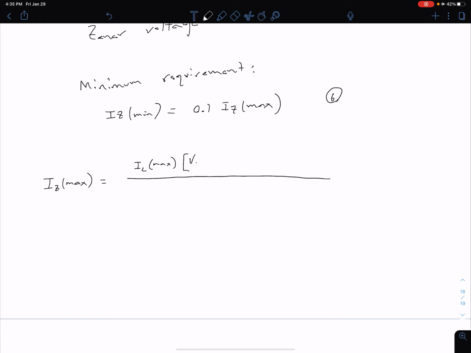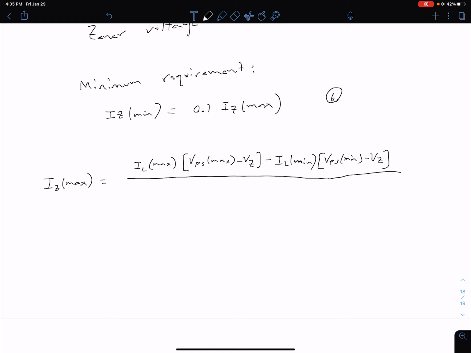times the quantity of VPS max minus VZ, minus IL min times the quantity of VPS min minus VZ.